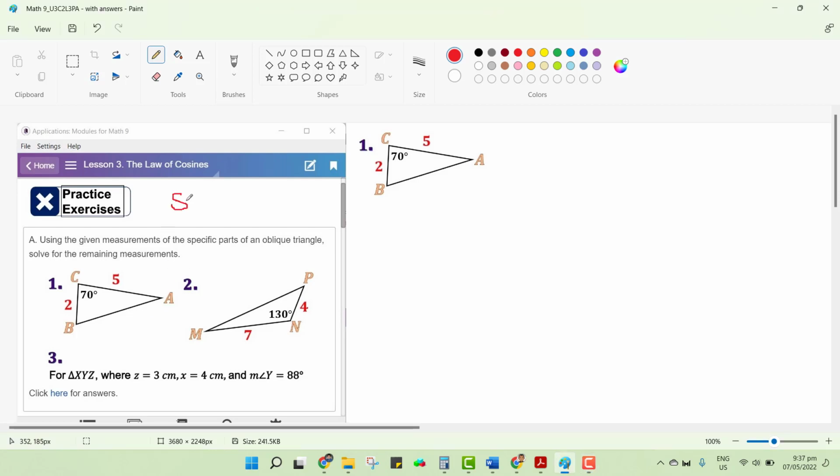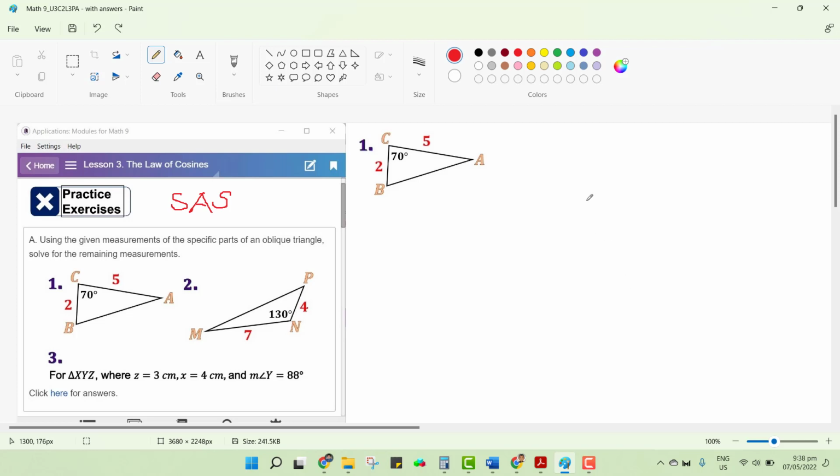So for specific situations under SAS, we are going to use another formula under the law of cosines. Instead of the trigonometric ratio sine, we are going to have a formula using the trigonometric ratio cosine.